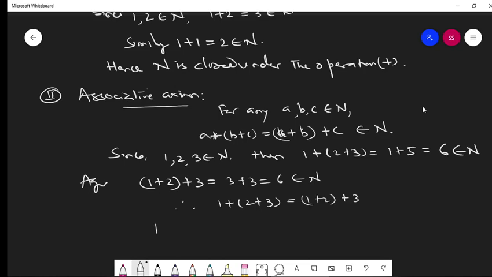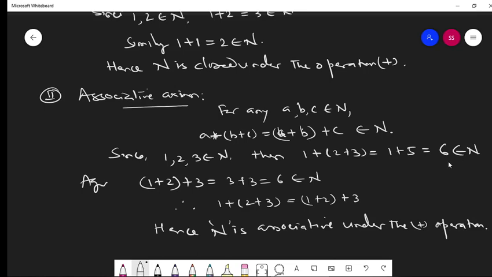Hence N is associative under the plus operation, so the associative axiom is also satisfied.